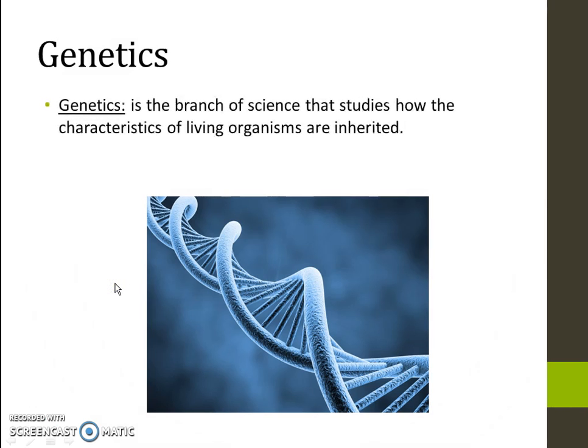This is the branch of science that studies how the characteristics of living organisms are inherited. And we already know that the genes that we inherit are found on our DNA. Alright, so a trait is any characteristic determined by your DNA.